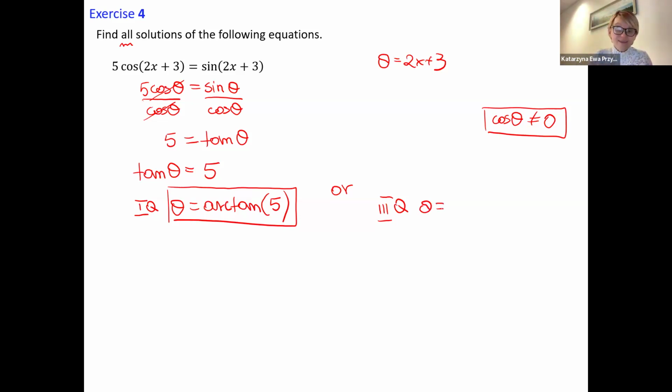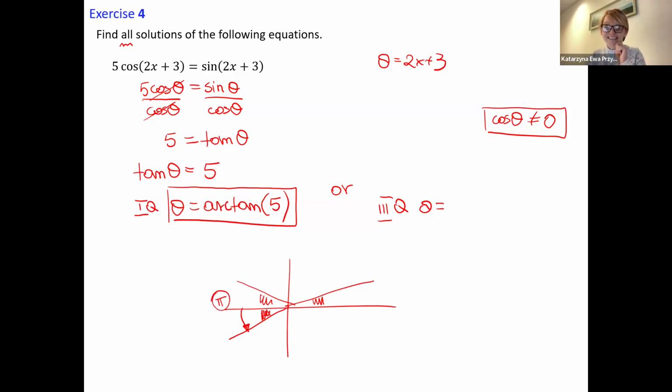Now how can we write this answer? Do you remember how we did it for the sine? For the sine, that was the reference angle and the second quadrant. Now we are in the third quadrant. That means the reference angle must be the same. If this is pi, 180, what do we have to do?